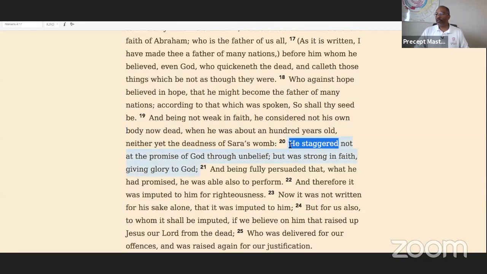So he staggered not at the promise of God through unbelief, because we know God had that promise. But was strong in faith, giving glory to God, and being fully persuaded that what he had promised, he was able also to perform.